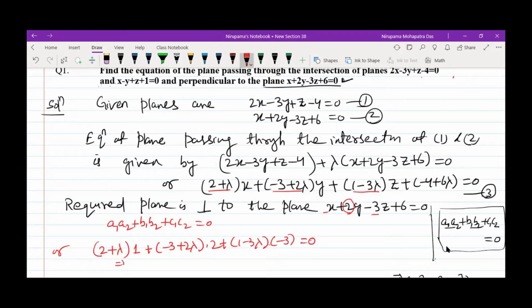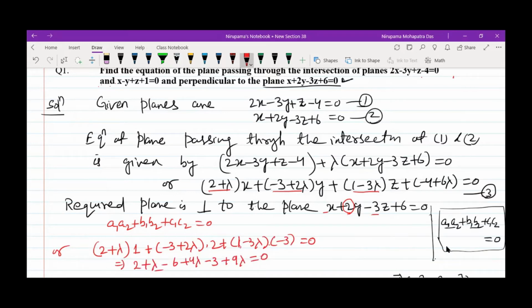So we are getting 2 plus lambda minus 6 plus 4 lambda, and then minus 3 plus 9 lambda equal to 0.